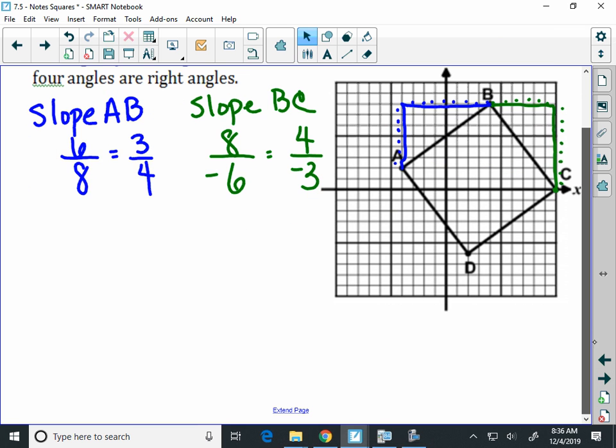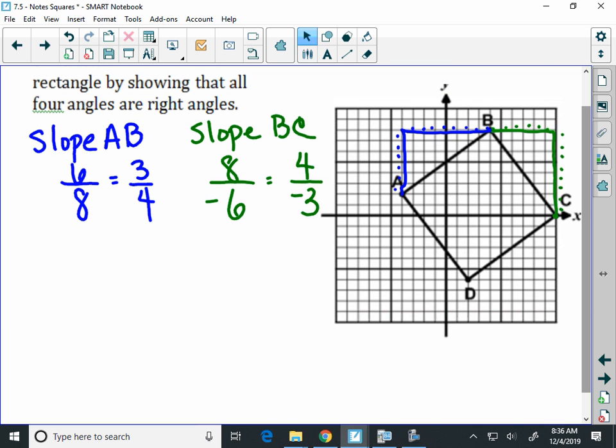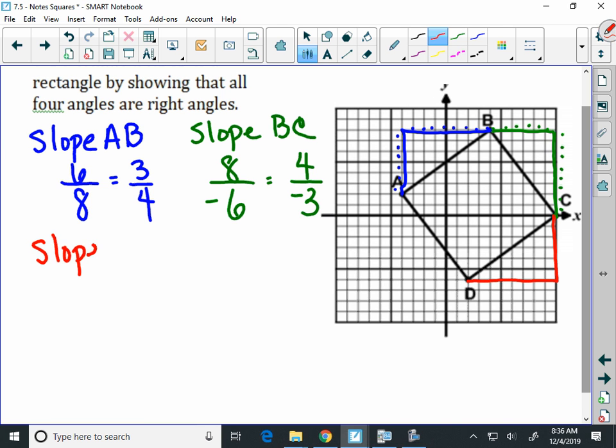And in terms of space, I needed to write underneath my graph to finish the other 2 slopes, so you may have to do that as well. But we now need to find the slope of CD. And when we count, we're going down 1, 2, 3, 4, 5, 6.